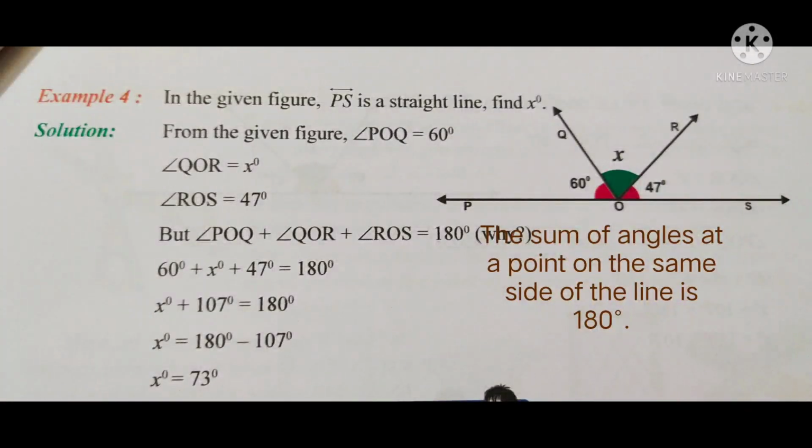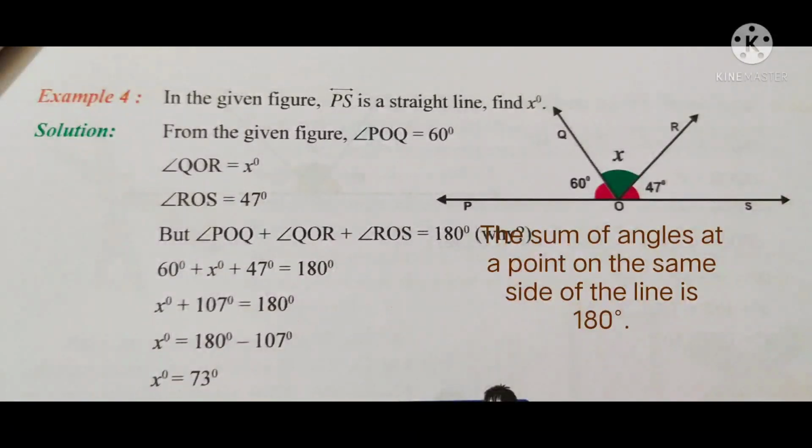From the given figure, angle POQ is 60 degrees, angle QOR is x degrees, and angle ROS is 47 degrees. Angle POQ plus angle QOR plus angle ROS equals 180. Why?